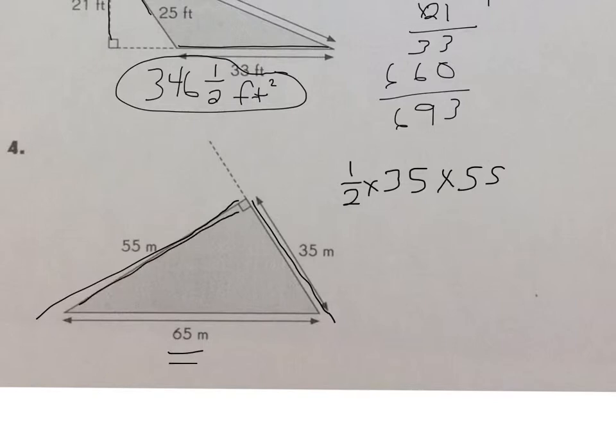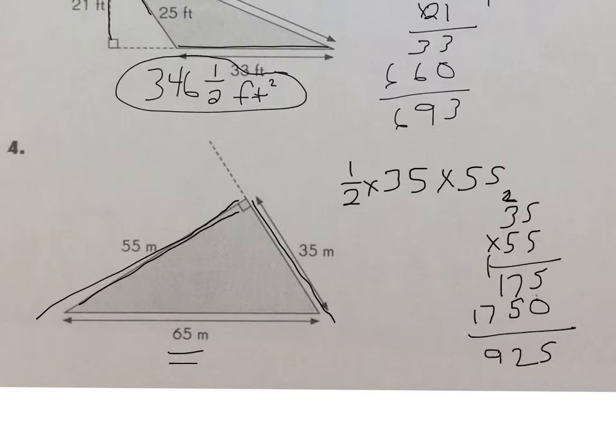So let's do 35 times 55. 5 times 5 is 25. 5 times 3 is 15, plus 2 is 17. Add my 0. 25. And then 15 and 17. So I have 5, 2, let's see, that's 9. 1,925. Again, it's odd, so I'm going to have a half.